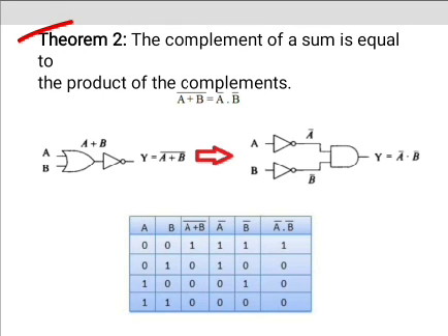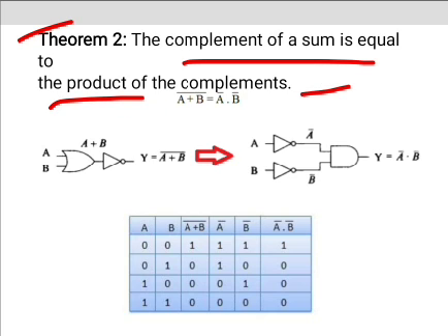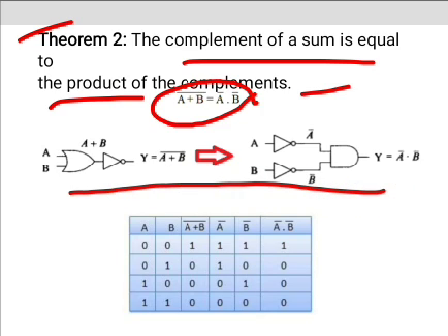Next theorem, the second one. The complement of a sum is equal to the product of the complements. That means A plus B whole complement equals A complement into B complement. So this is a simple combinational logic circuit.